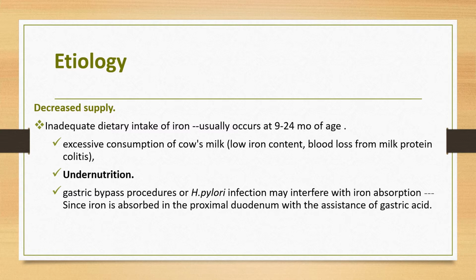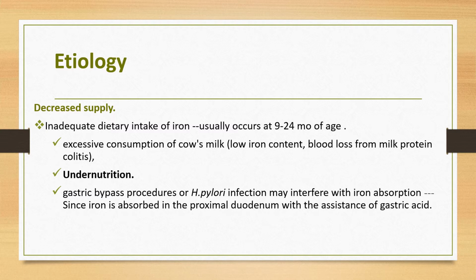Nutritional iron deficiency is usually seen at 9 to 24 months of age, because up to 9 months of age, the recycled iron from the high hemoglobin concentration during the neonatal and intrauterine period is adequate to make erythropoiesis available. Another cause is excessive consumption of cow milk. Cow milk has low iron content, and also blood loss from milk protein colitis causes inadequate availability of iron for production of red blood cells.